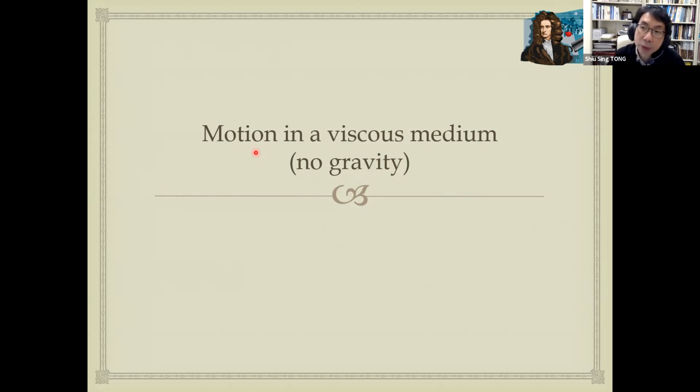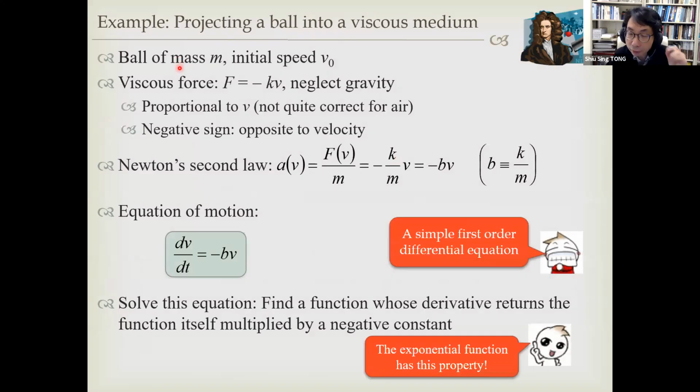The first case we want to study is the motion of an object in a viscous medium. First, we handle the case without gravity. Suppose you have a ball of mass m, or a bullet, whatever you like. It is injected with an initial velocity v0 into a viscous medium. The viscous medium may be water or some kind of fluid you like.